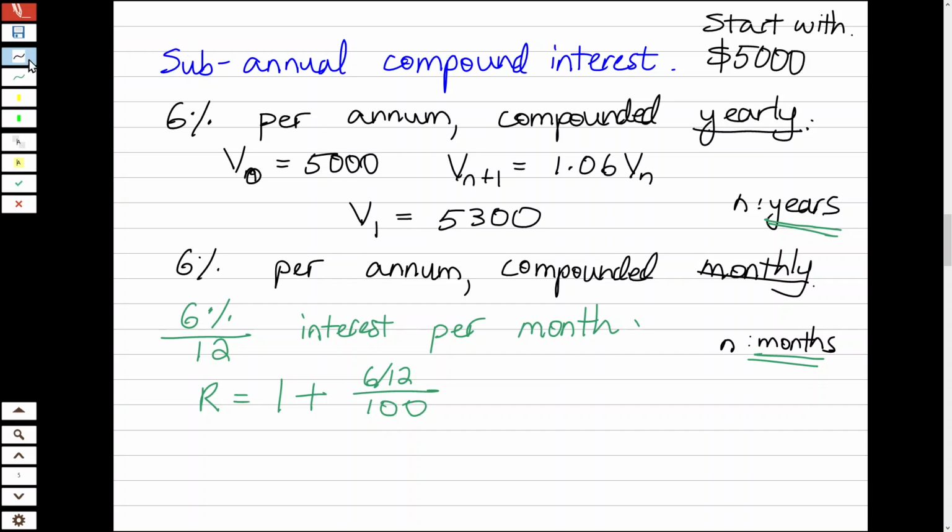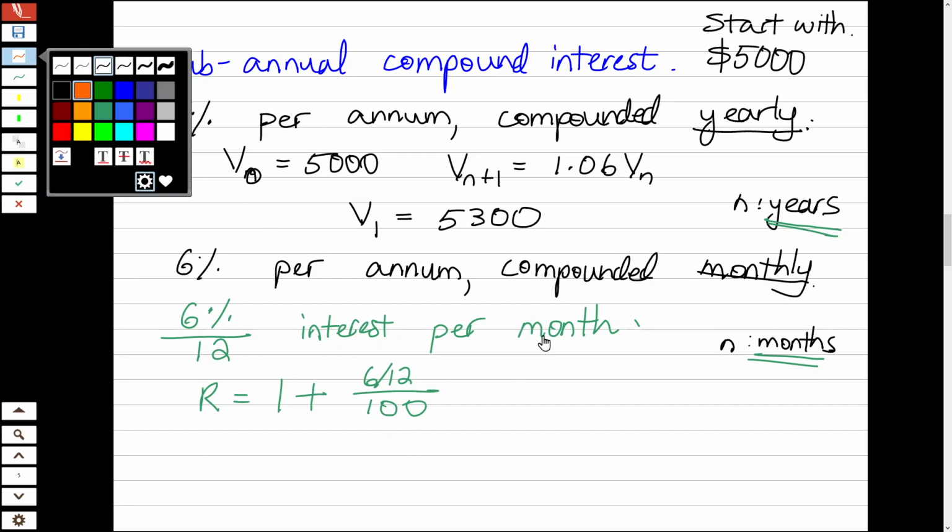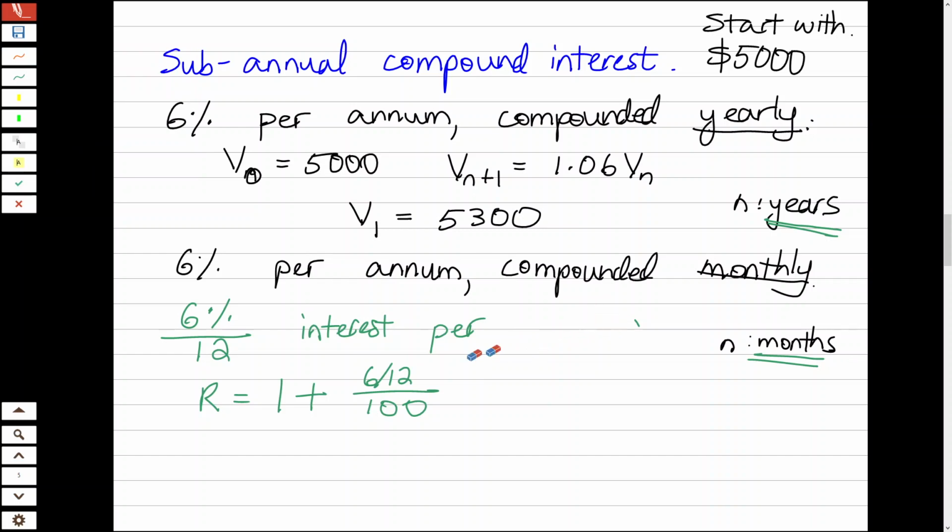All right, so I'll change the color for the important bits. So 6 divided by 12% interest per month. So can you just check that that's correct? 6 divided by 12 is, yeah?